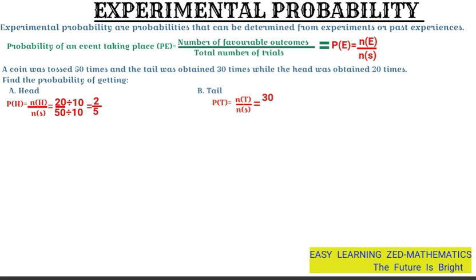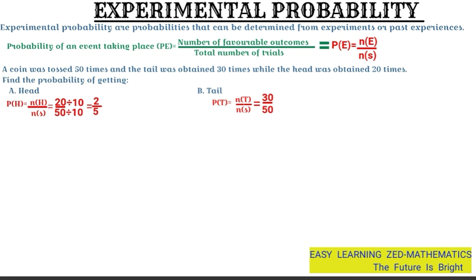How many times was the coin tossed? 50 times. So we're going to say 30 over 50. Then we're going to find a common factor of 30 and 50, which is 10 as well.